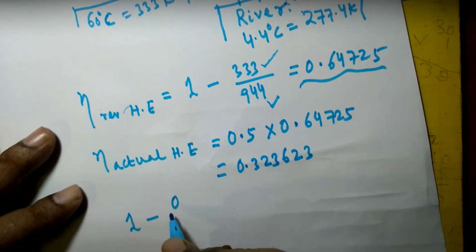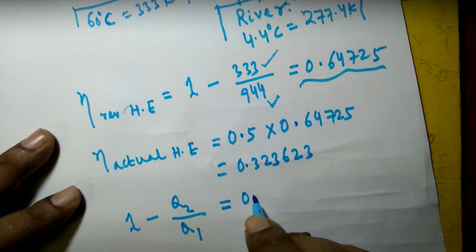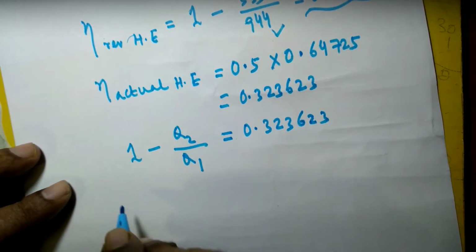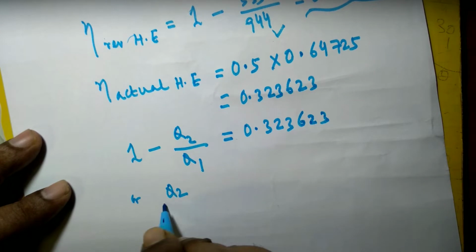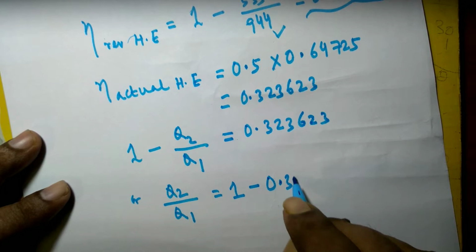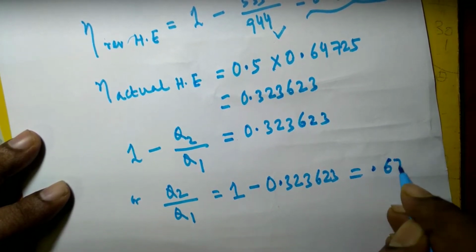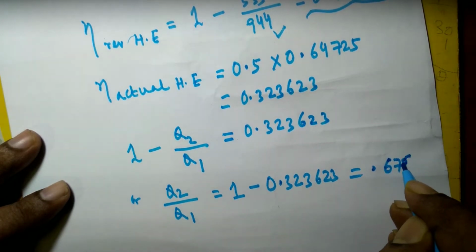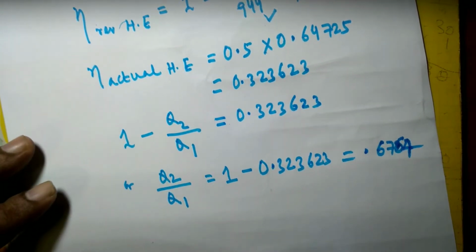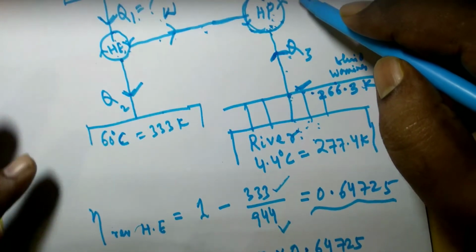So 1 minus Q2 divided by Q1 is equal to 0.323623, or Q2 by Q1 is equal to 1 minus 0.323623, that is 0.6764.